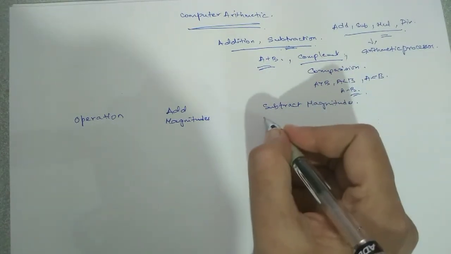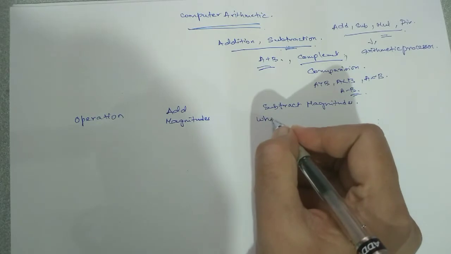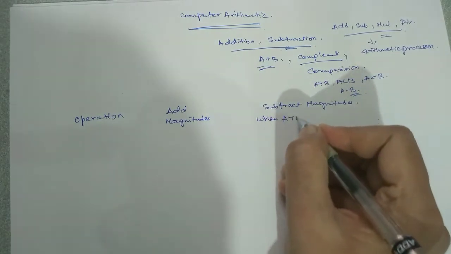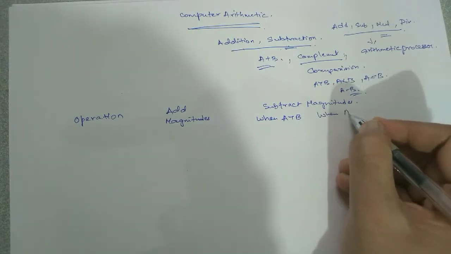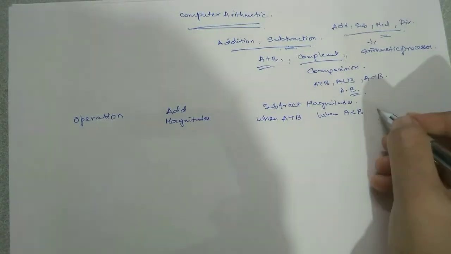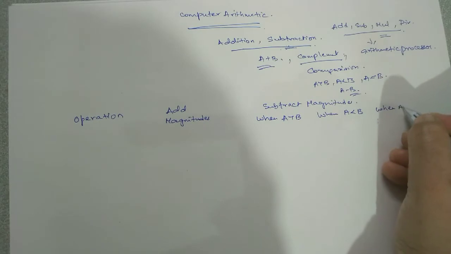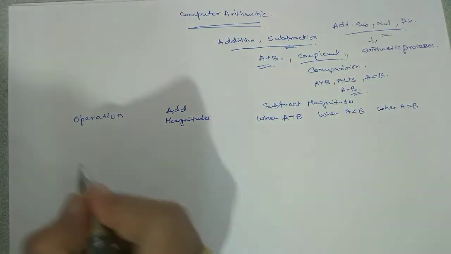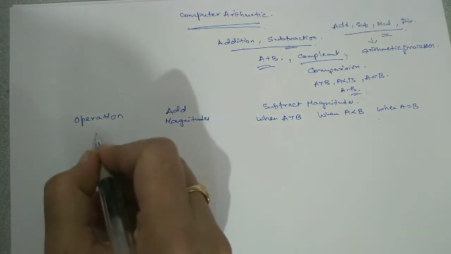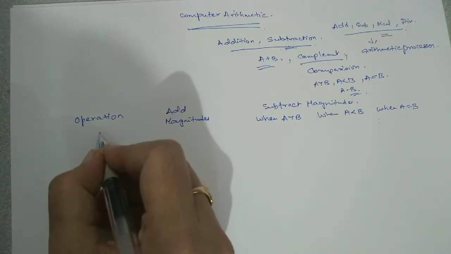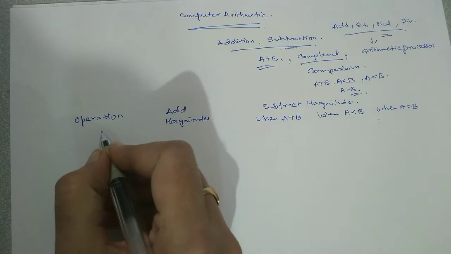Whenever we want to do subtraction, we have three conditions: when A is greater than B, when A is less than B, and when A is equal to B. The operations which are performed can be plus or minus.